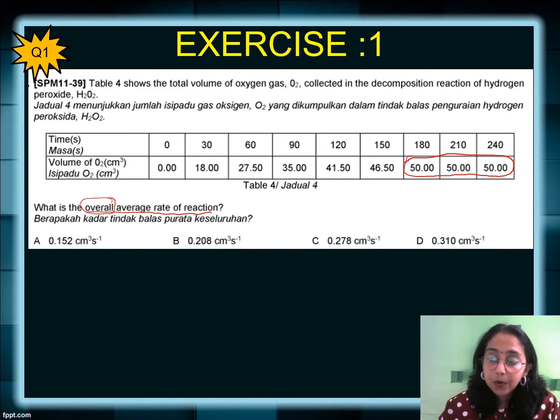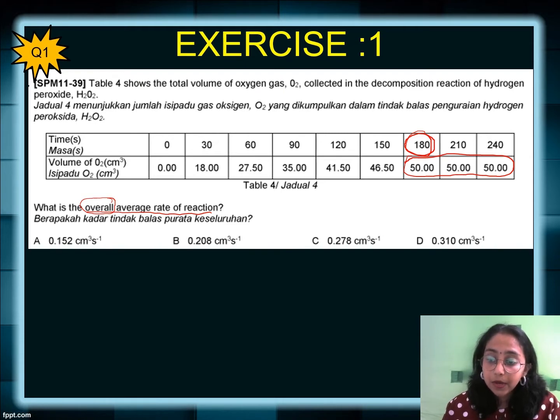So, look at the data table and take the first reading of 50. Now, determine the time taken where you obtain the first reading of 50 cm3. So, based on the data table, 180 seconds is the time required for you to collect the 50 cm3. That means the time taken for the reaction to complete is 180 seconds.